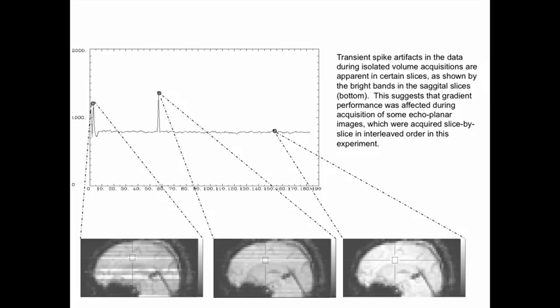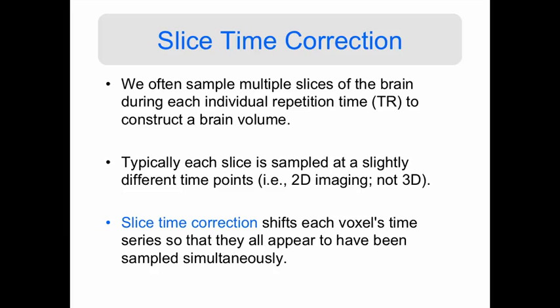Okay, and so what we see here is that certain slices of the brain are affected, and so you see that they're a bit wider than the other ones. And so these artifacts, we want to be able to know where they are as well as be able to remove their effects. The next thing we would like to do is something called slice time correction.